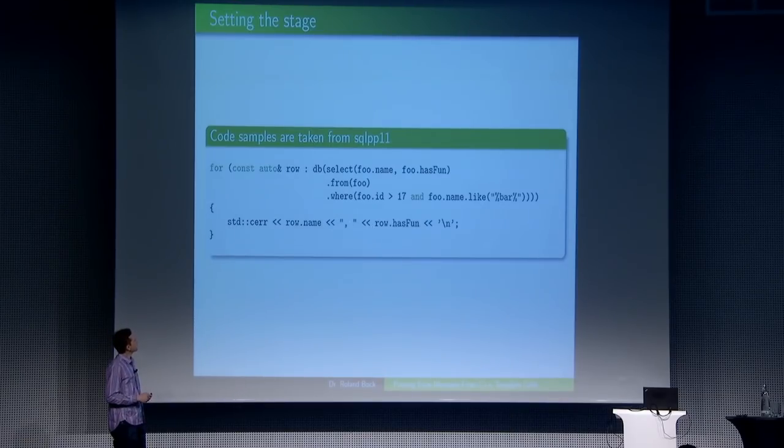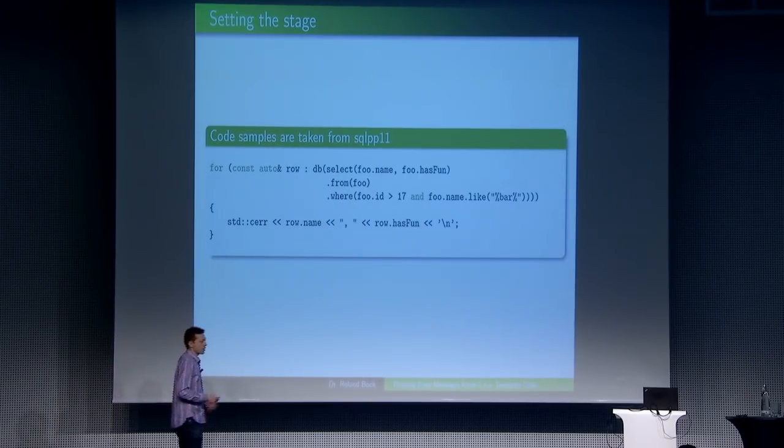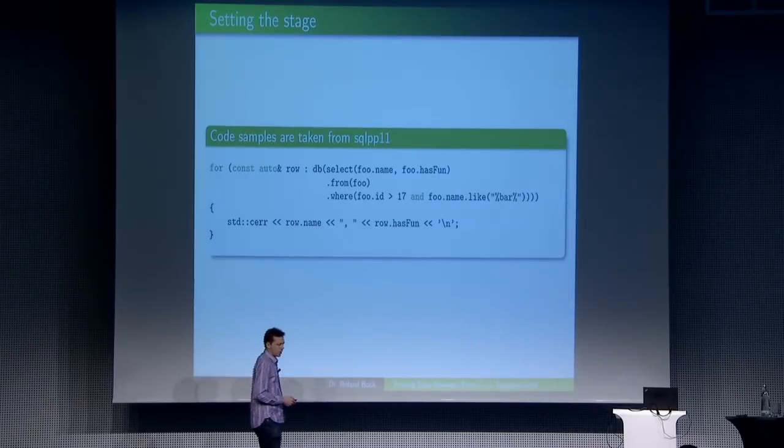And everything here that doesn't look familiar, like std::err or that isn't a keyword in C++ is templates. So this call operator of db is a template, the row is a template, select is a template, everything here pretty much is templates.